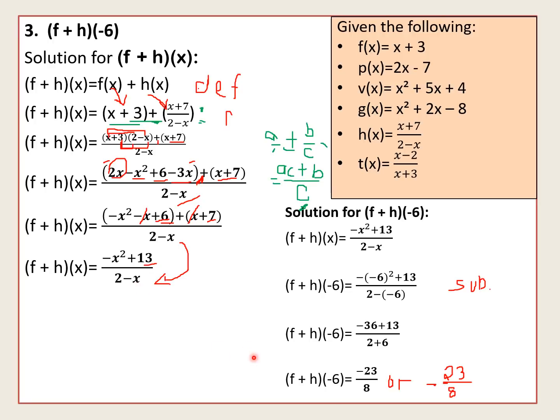However, we have here the evaluation na that f plus h, when x is negative 6, it is negative 23 over 8. Okay?